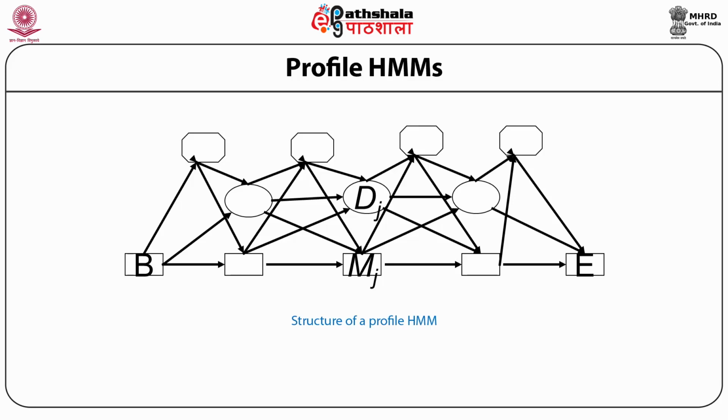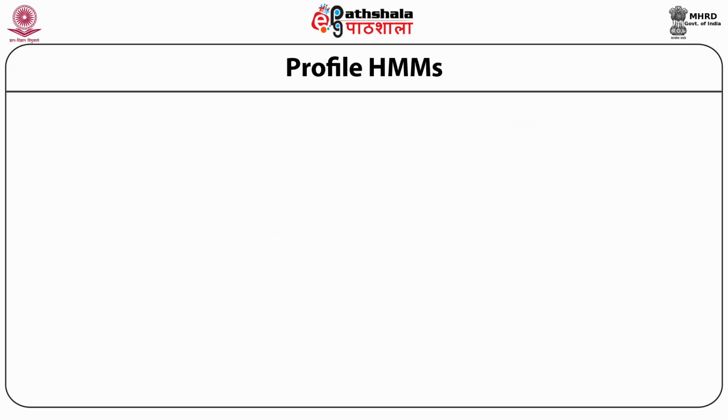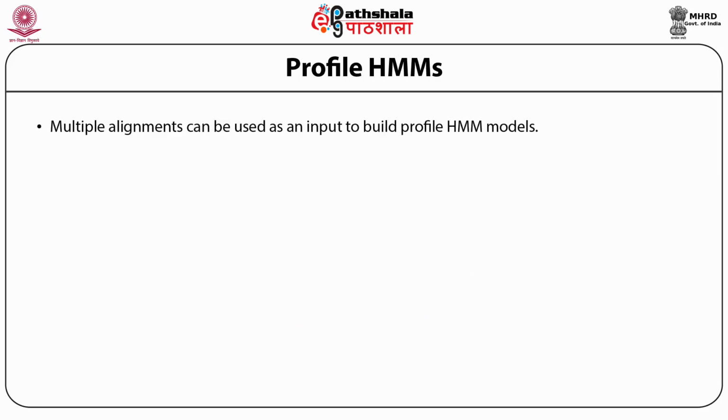Once you have trained a profile HMM on a particular family of proteins, you can use that to search any other sequence, whether it belongs to that family or it doesn't. Again, for all such profile HMMs, the input is a multiple alignment, the same way as it is used in motifs or PSWM.